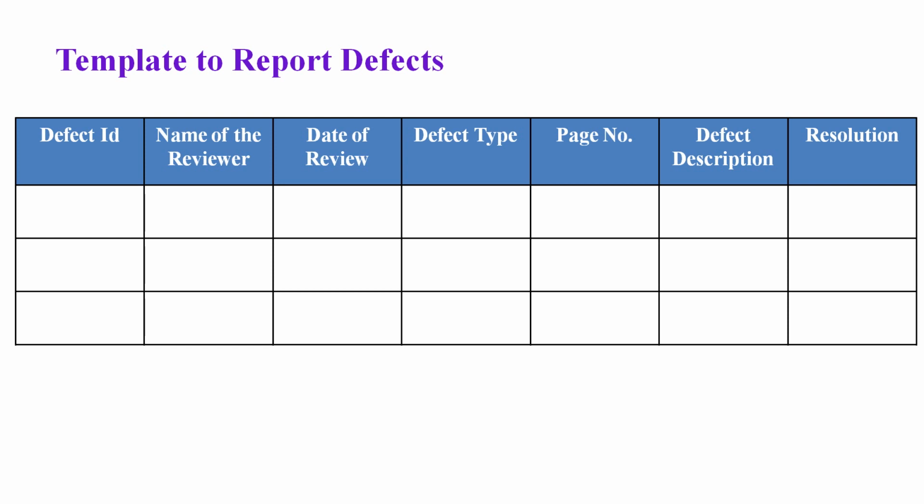And the resolution. This last column will be filled by the author of the document. Defect ID, name of the reviewer, date of review, defect type, page number, defect description: up to this, the concerned reviewer has to fill all the columns, whereas the resolution should be filled by the author of the document.